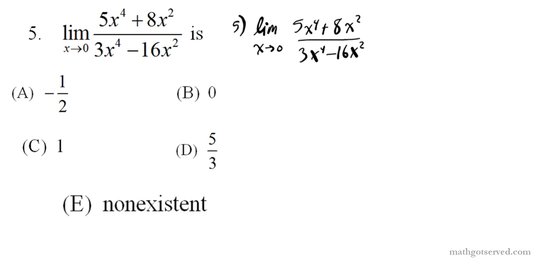If we substitute the number that x is approaching into the polynomial functions, we're going to have 0 plus 0 over 0 minus 0, which gives us 0 over 0. This is an indeterminate form.